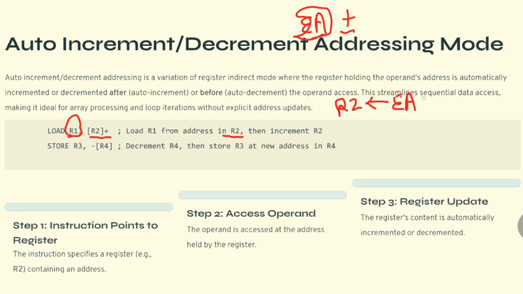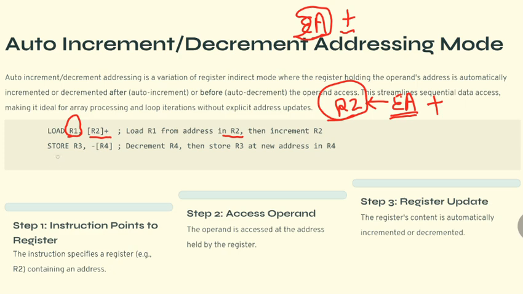After that, this effective address is automatically incremented, so r2's value is updated with the incremented effective address. Getting this? The next time you do this, it will give you the next data.